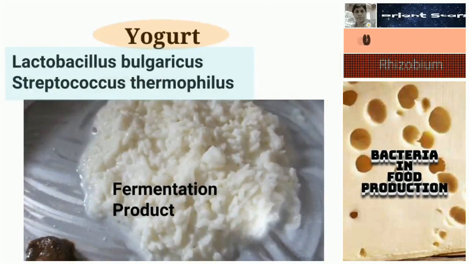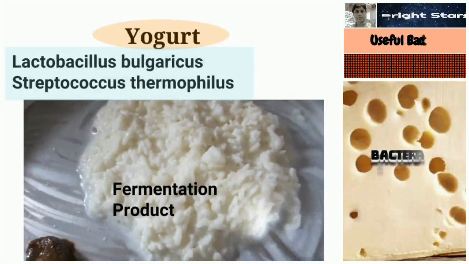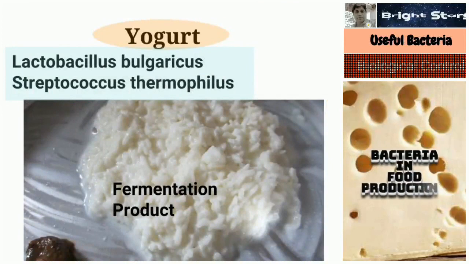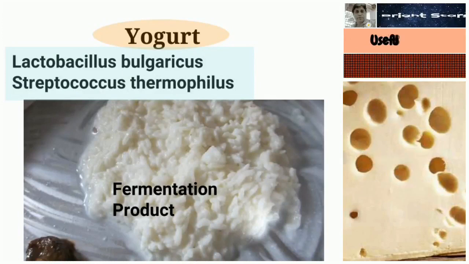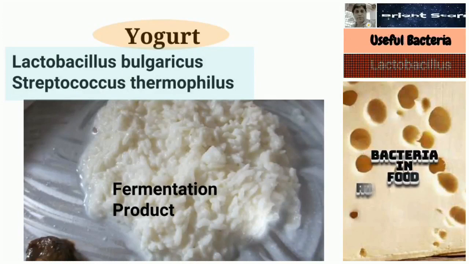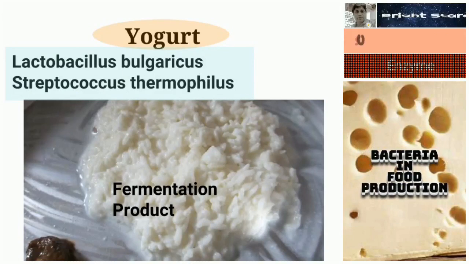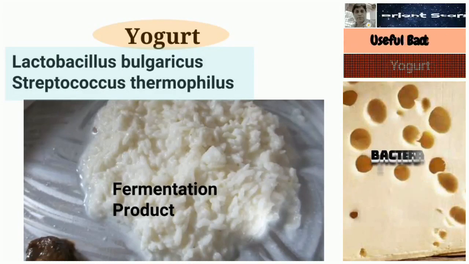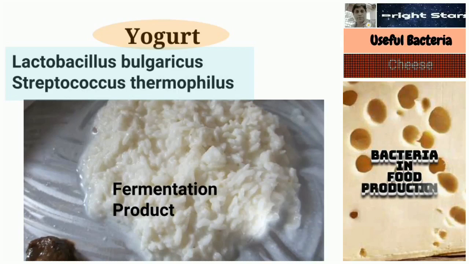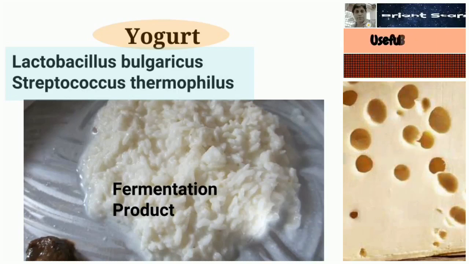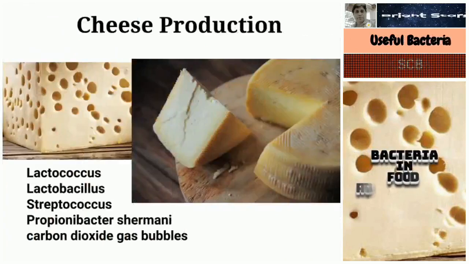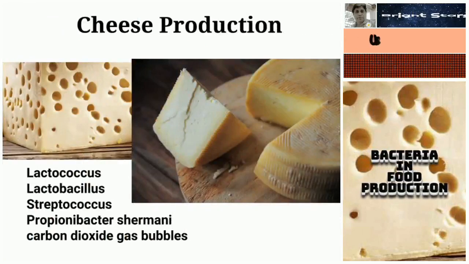A similar kind of dairy product is what we call yogurt. Lactobacillus bulgaricus and Streptococcus thermophilus, these two kinds of bacteria produce yogurt. The difference between curd and yogurt is that curd is not a fermentation product, but yogurt is a fermentation product.